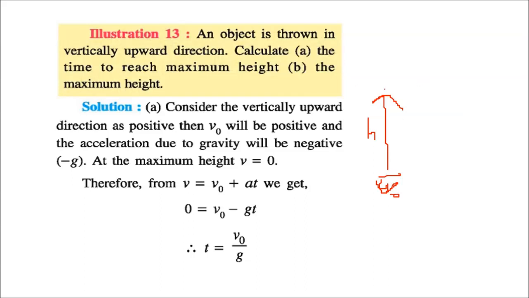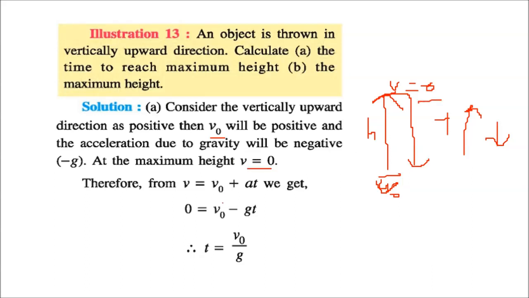And at the highest point, v will be 0, because it will momentarily be at rest, and then it comes back to us. So the upward direction we consider as positive, then v0 will be positive, and acceleration has to be negative. And we know that the maximum height will be reached at v equal to 0.